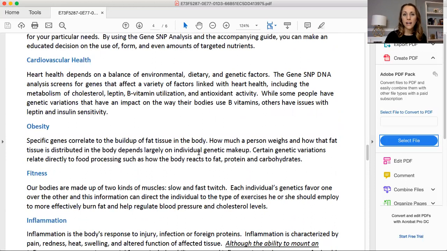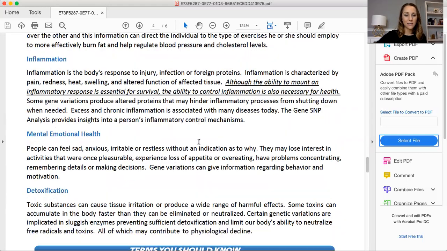Then you're going to prioritize the obesity genes. So it's perfectly appropriate for you to use GeneSNP DNA analysis in its totality, but we're finding that most practitioners are really honing in and focusing on those panels that make sense for their scope of practice, that make sense for the patient base that's coming to them asking for GeneSNP DNA analysis.